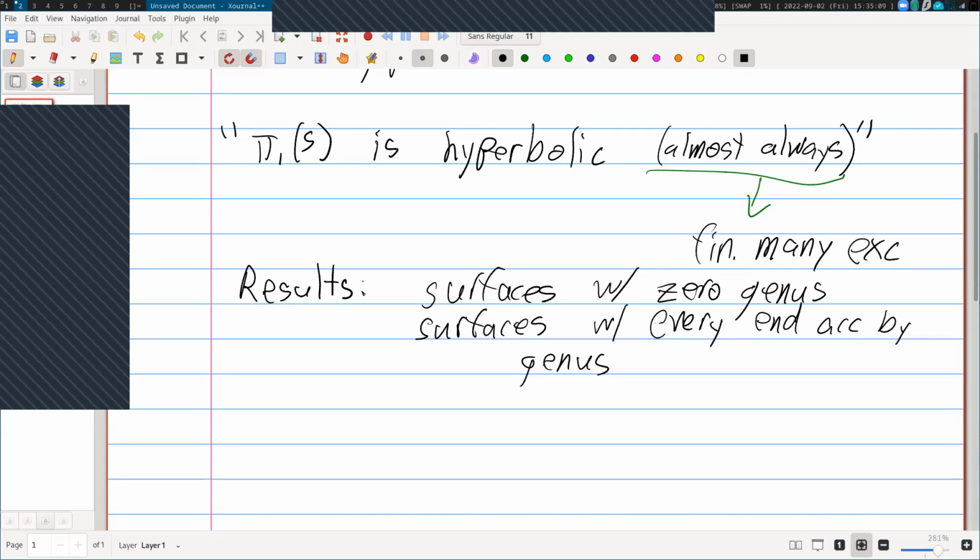For instance, the result of, I made a note and I'm terrible at remembering the people, it's Patel, Vlamis, maybe also Armayona. These surfaces have the property that the pure mapping class group of a surface is precisely the closure of the compactly supported.